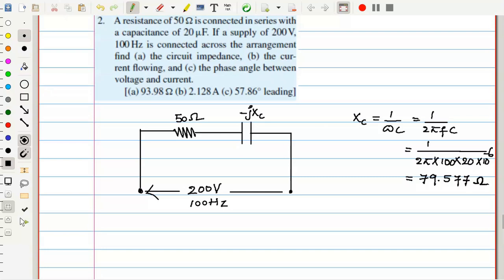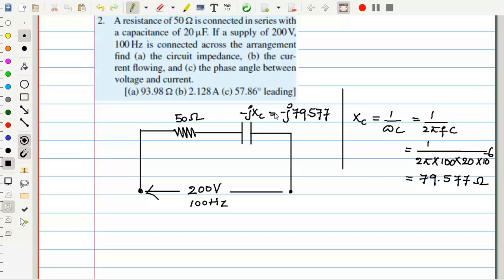What are the units? Ohms. So now here, can I put this as minus j 79.577? If it is directly given as Xc, I would have written it, but they did not give it. They gave only the capacitor. So I calculated Xc and put it over here.